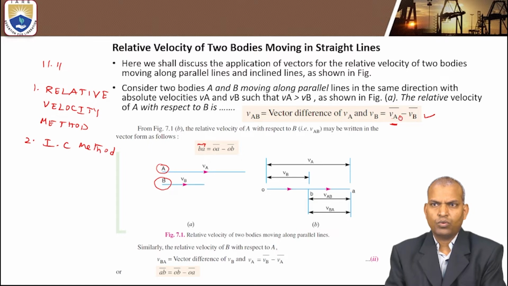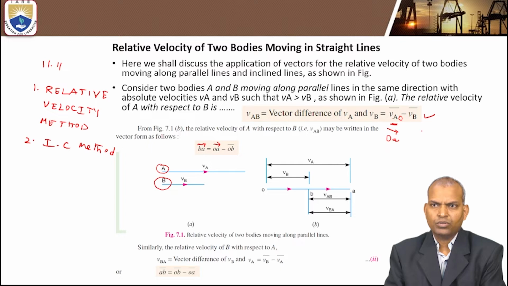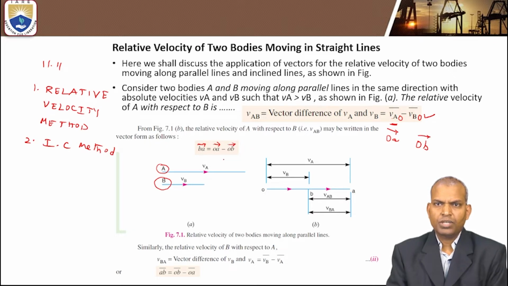With respect to O, that is VAO, that is OA, O to A. And the velocity of B with respect to O, that is VBO, that is OB. That means it is OA minus OB. Velocity of A with respect to B equals velocity of A minus velocity of B.